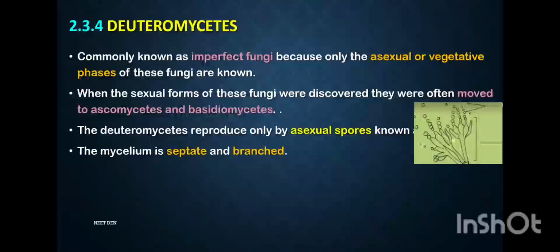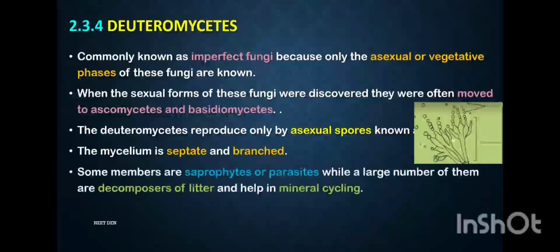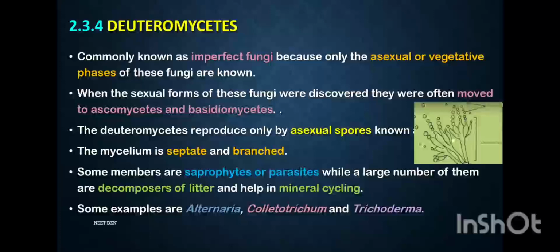The mycelium is septate and branched, and some members are saprophytes or parasites, while a large number of them are decomposers of litter and also help in mineral cycling. So the examples are Alternaria.